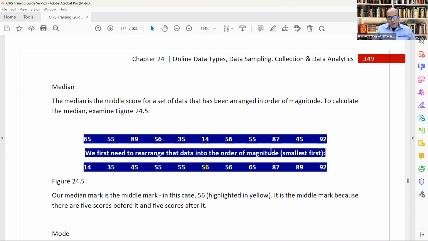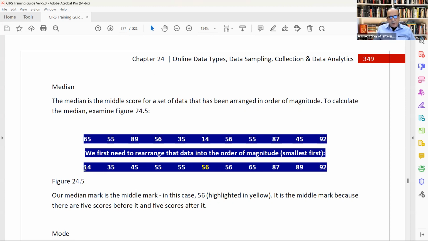So if you have numbers like 65, 55, 89, whatever these mean, we are not interested in, but assuming that these are the numbers that are randomly there and it relates to something, why is this 55 duplicated here? Don't understand. Okay, so this is showing the random numbers, and what we have at the bottom is telling you how the median would be calculated.